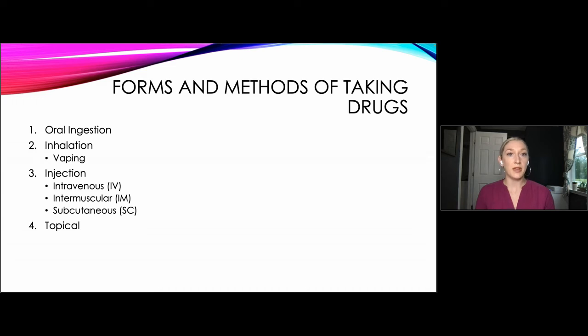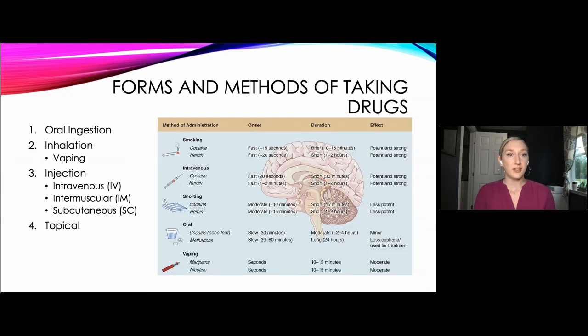An example of this would be a nicotine patch, or even CBD oils or lotions that you rub onto areas that have pain. Here is a chart showing the different methods of administration, how quickly the drug will take effect, and for how long.